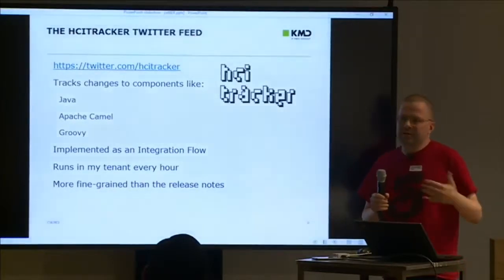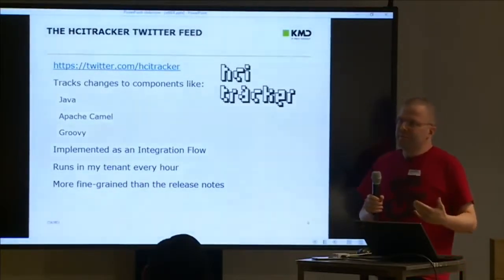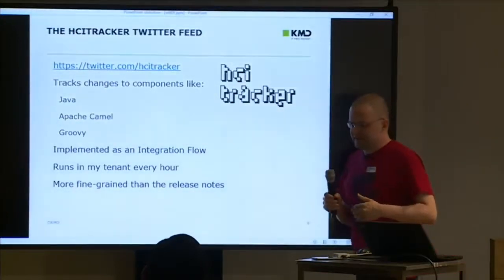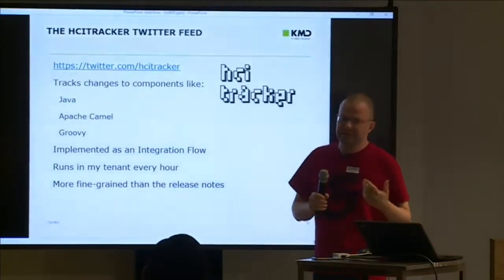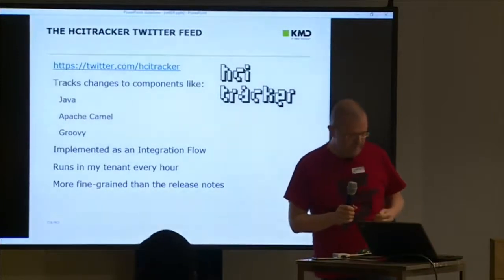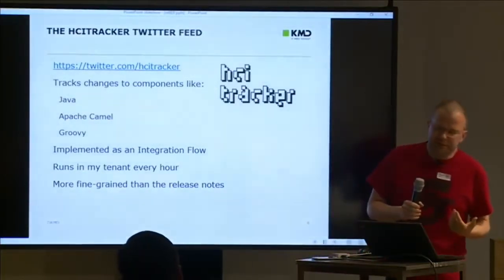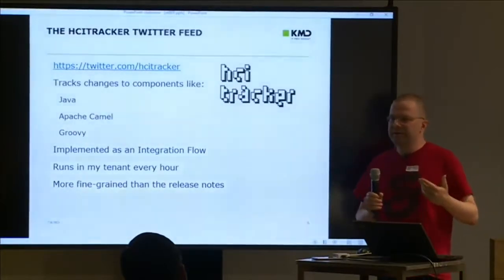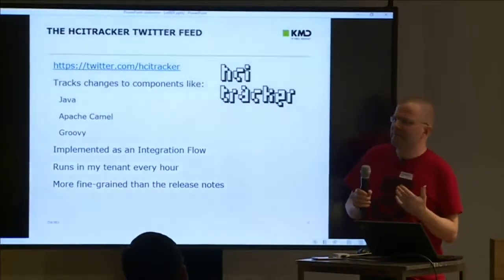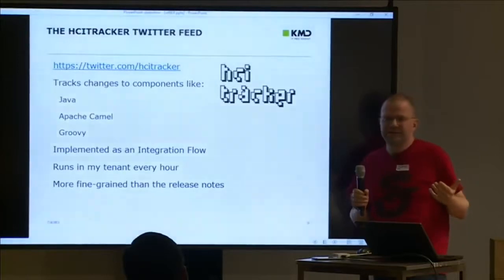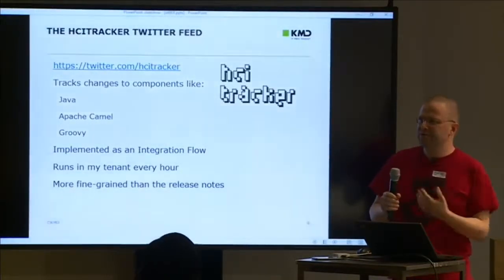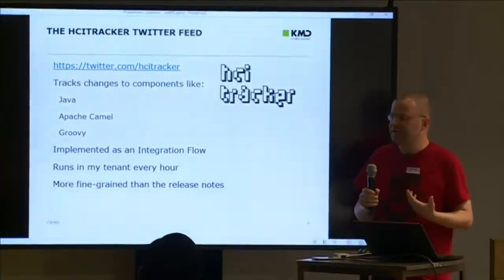So I would like to be notified of those, but updates to these infrastructure components like Camel and XSLT and Java and so on typically don't make it into the release notes because it's too fine-grained. And the release notes are about the major new functionality, major new stuff. So you won't read about an upgrade to Camel in the release notes.